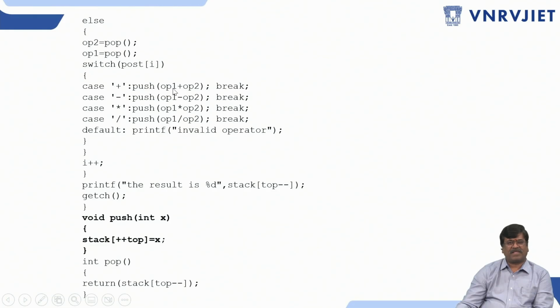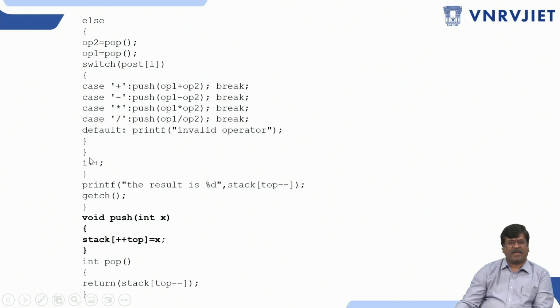If it is plus, I am finding operand 1 plus operand 2. If it is minus, I am finding the difference of operand 1 and operand 2. If it is into, I am finding the product. If it is division, I am finding the division value. By using this switch statement, I can evaluate the corresponding operation here.